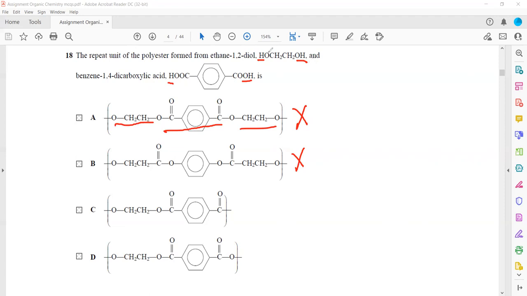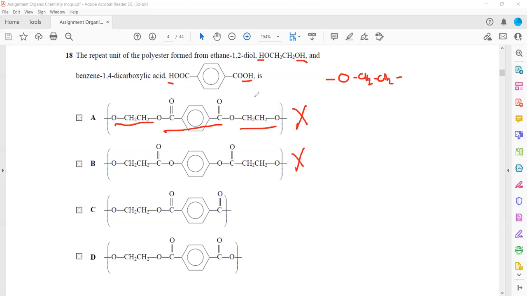So if I try to construct a polymer, why do I remove H from here? Because all the options are starting with O. That's why if I remove H, then it will be CH2, CH2, OH and H being removed.